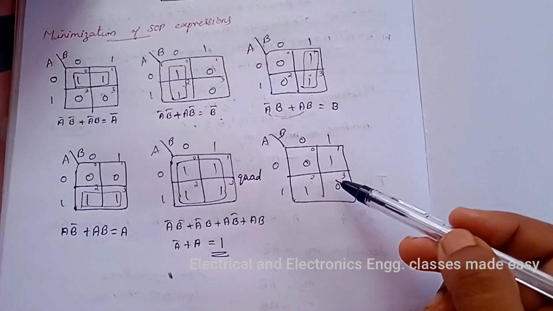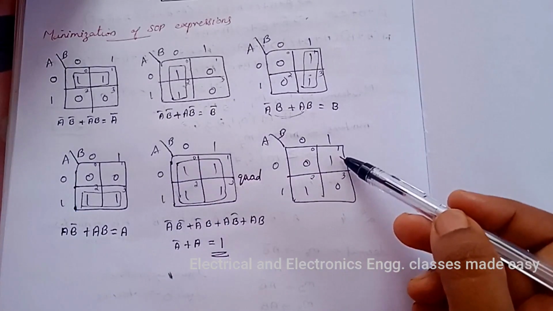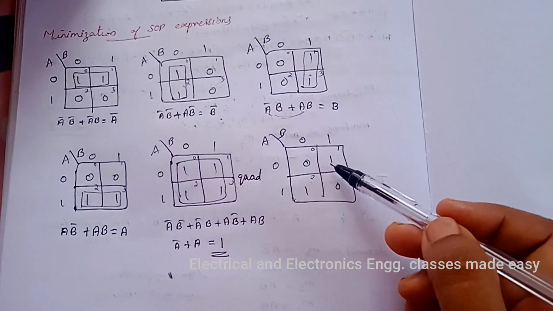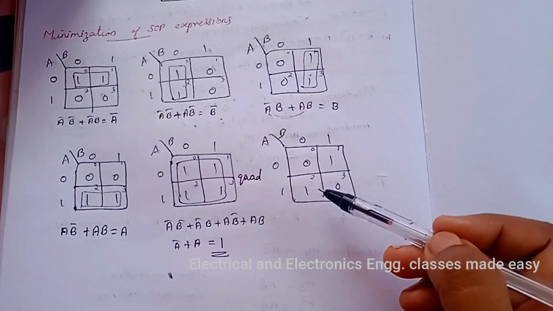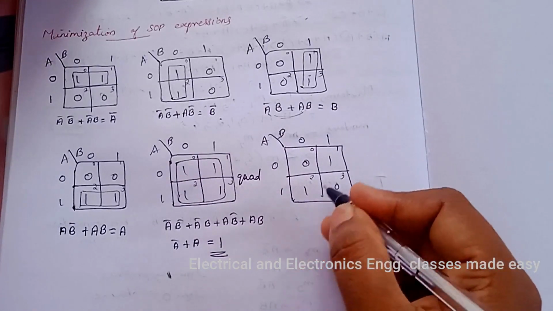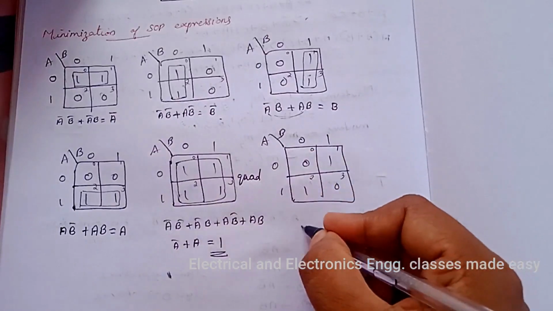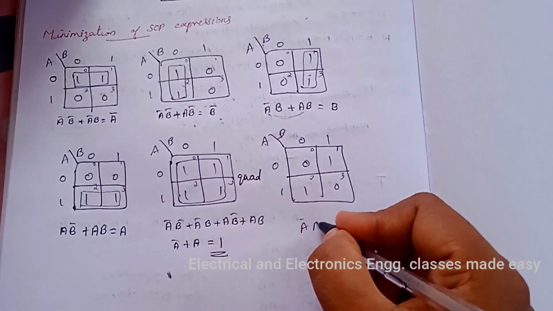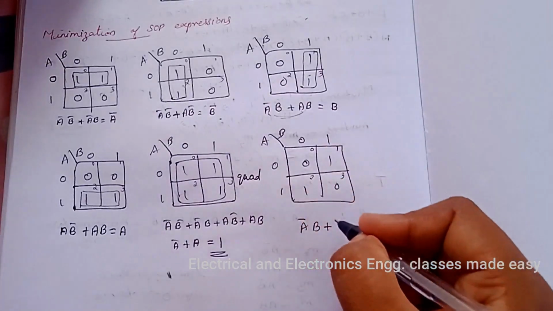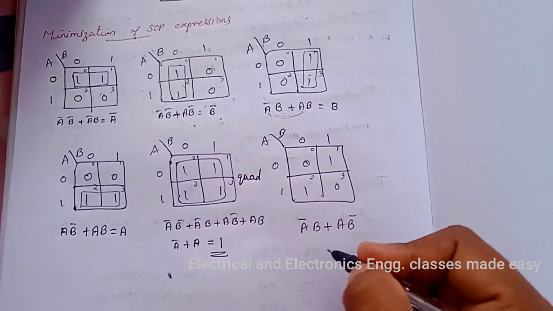And in this case, this is M1 and this is M2, and these are not adjacent to each other, and its values are A bar B plus A B bar.